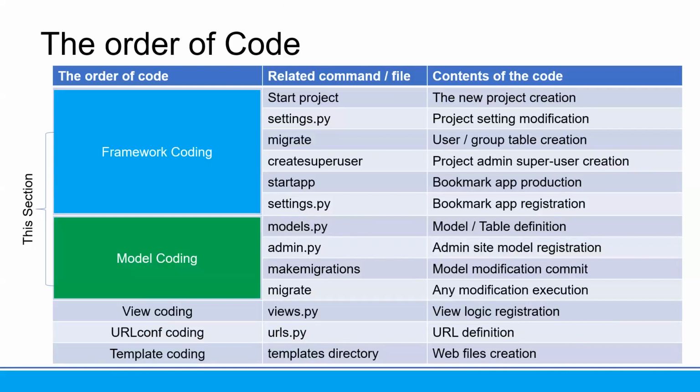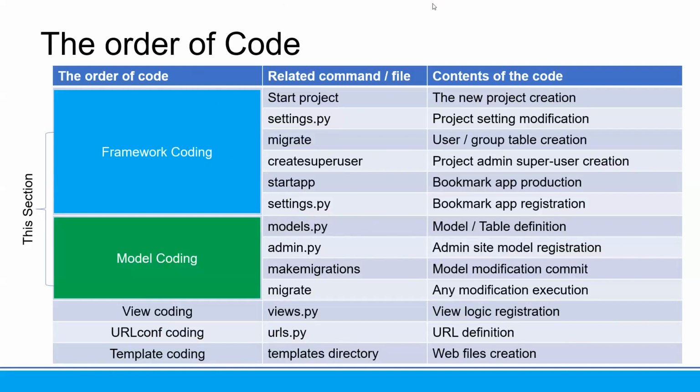Now, we are going to make a new application, and in Django there are many files that you will create the first time. So this will be the order of the code.